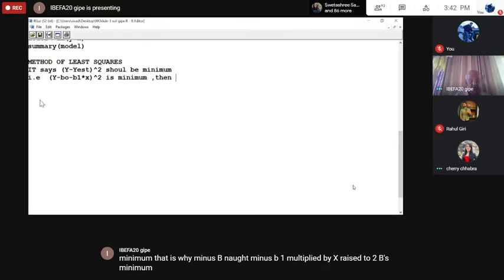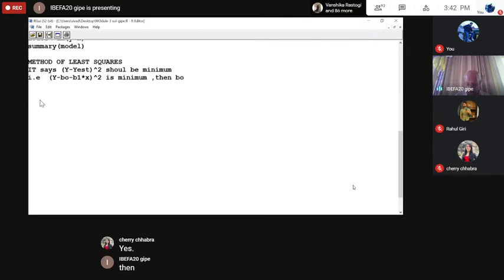Then b naught equal to how much? b1 equal to how much?